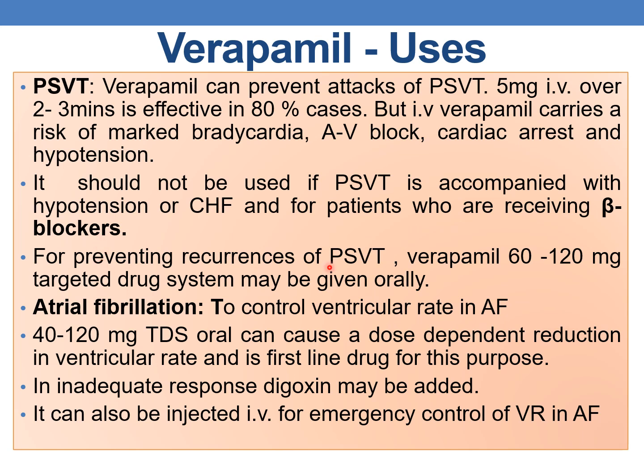For preventing recurrences of PSVT, verapamil 60 to 120 mg may be given orally, which is effective. The next use is atrial fibrillation. It is used to control the ventricular rate in atrial fibrillation. 40 to 120 mg orally can cause a dose-dependent reduction in the ventricular rate, and it is a first line drug for this purpose.